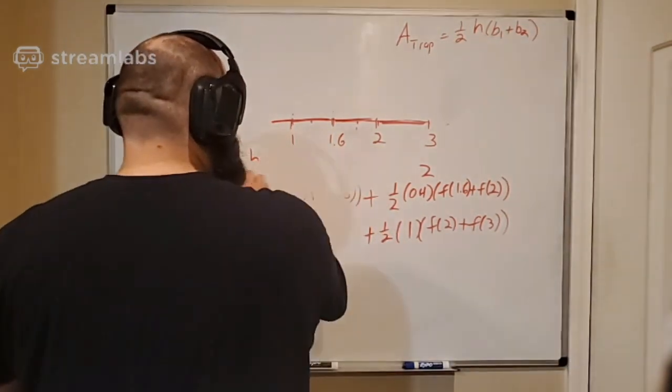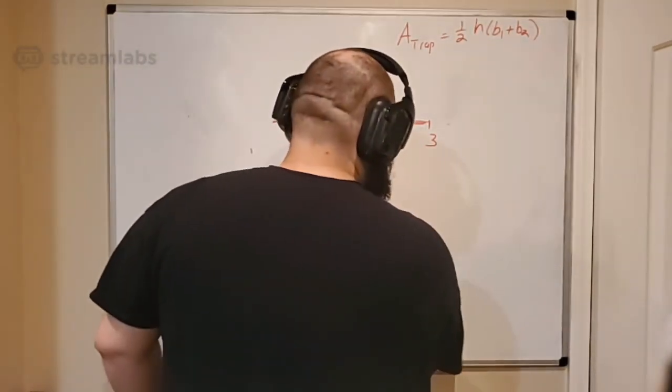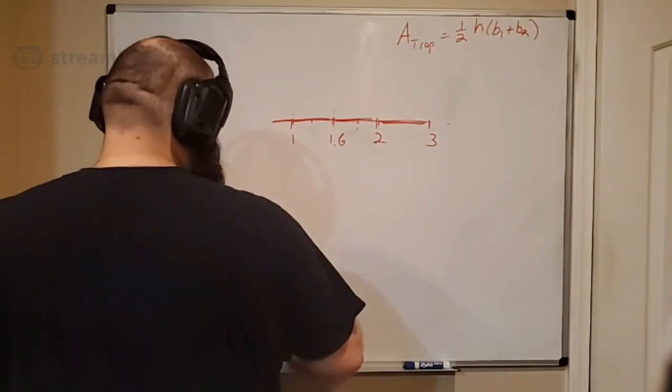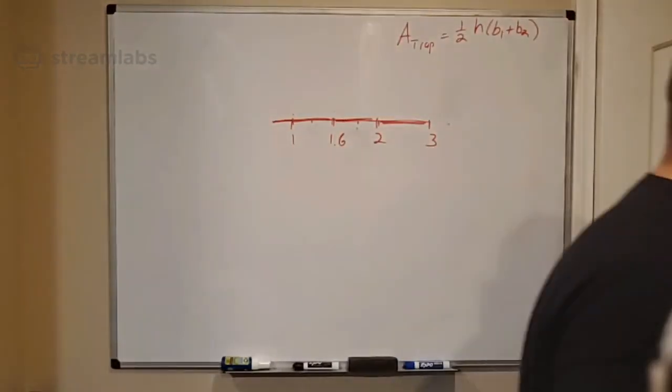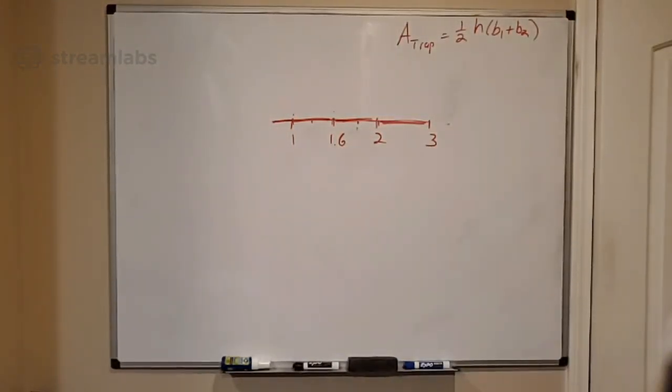But in general, what do we need to look at in order to tell if something is an overestimate or an underestimate for these? Whether the function is increasing or decreasing. However, what else did they give me?